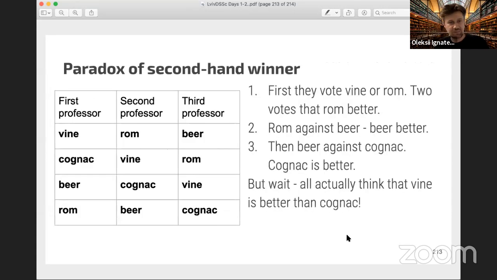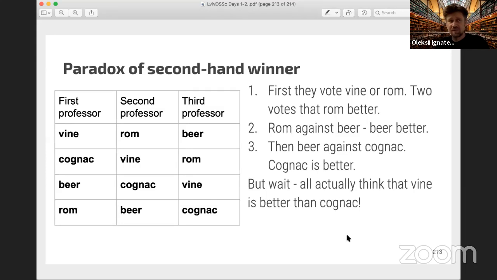Another interesting paradox is the paradox of the second-hand winner. Suppose we have 3 professors who were tired, and on Friday they want to go and drink something together, and they have little time, so they agreed to vote by pairs and eliminate the member of each pair who gets fewer votes.